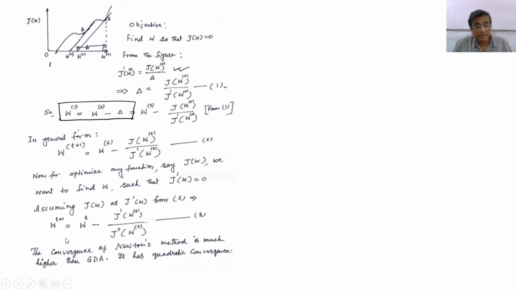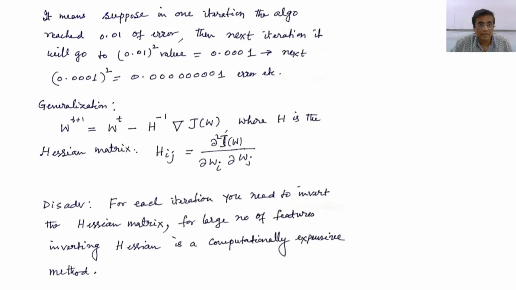And this turns out to be very, very fast, because the Newton's method optimizer has quadratic convergence, okay. Quadratic convergence is very appreciable, because gradient descent has linear convergence. Quadratic convergence means, say in one iteration you reach 0.01 of error.